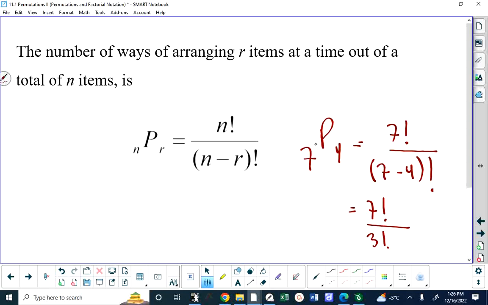If you solved this cookie problem using the fundamental counting principle, you would say cookie 1, cookie 2, cookie 3, cookie 4, and there are 7 cookies I can choose from for my first one, then there are 6, then 5, and then 4. How many of you see that 7 factorial over 3 factorial is 7 times 6 times 5 times 4?